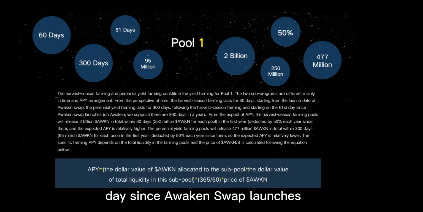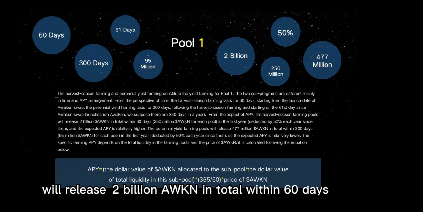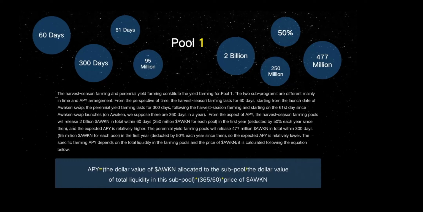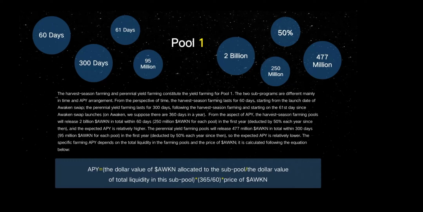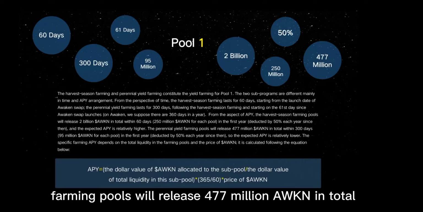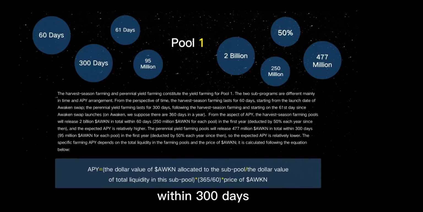From the aspect of APY, the harvest season farming pools will release 2 billion Awaken in total within 60 days, and the expected APY is relatively higher. The perennial yield farming pools will release 477 million Awaken in total within 300 days.